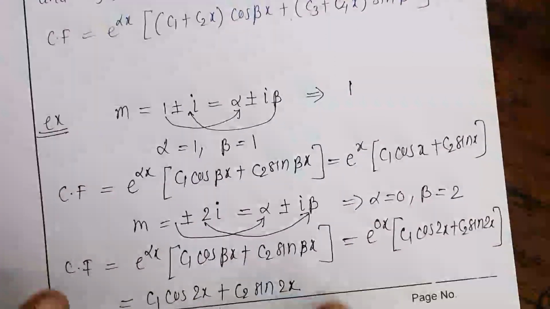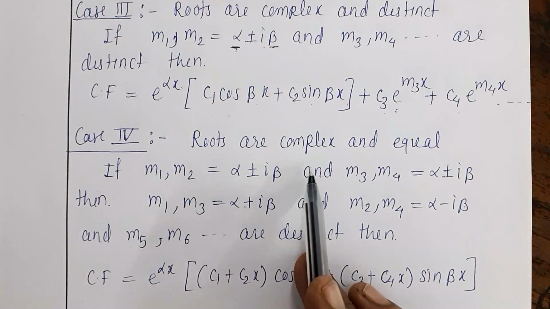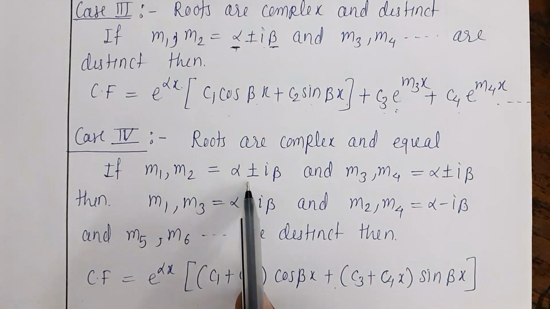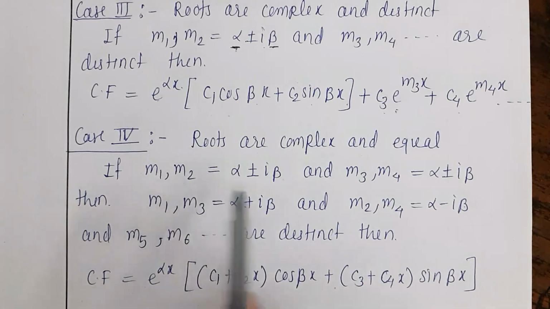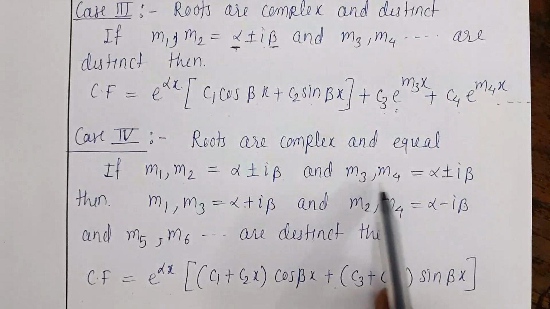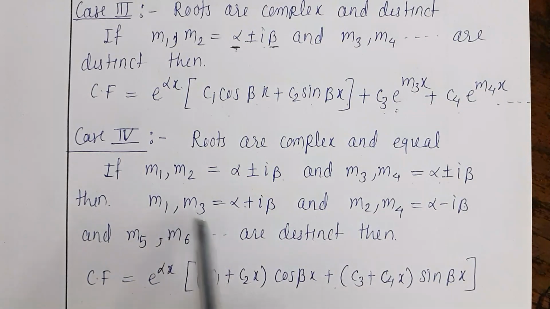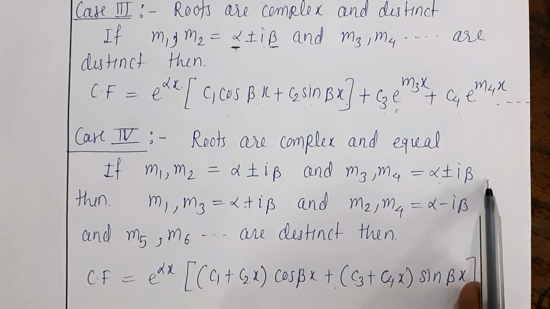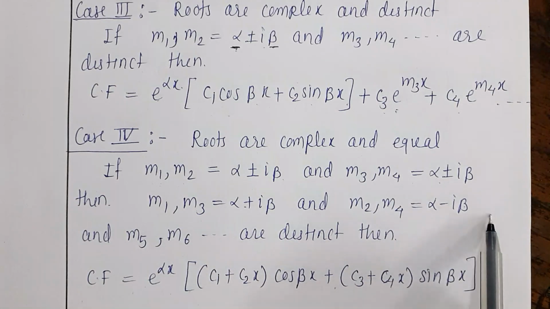Next, the fourth case is if the roots are imaginary or complex and equal. If m1 m2 is given as alpha plus minus i beta, means m1 is alpha plus i beta and m2 is alpha minus i beta, and m3 m4 is given as alpha plus minus i beta, then m1 and m3 are the same, and m2 and m4 are alpha minus i beta.